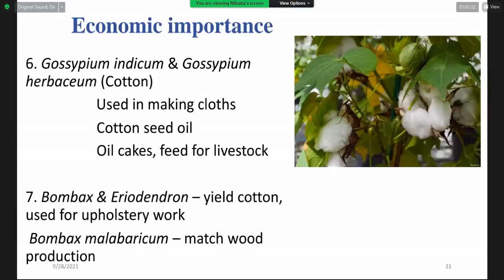Did you understand all of the content of today's Malvaceae family practical? Yes, ma'am. If you need any clarification, you can ask.